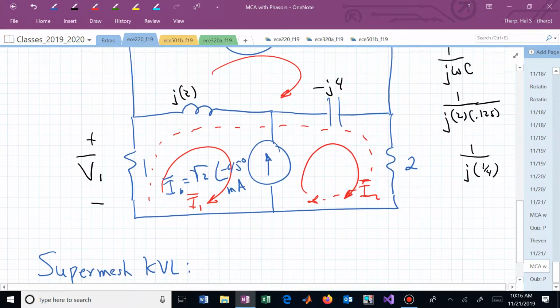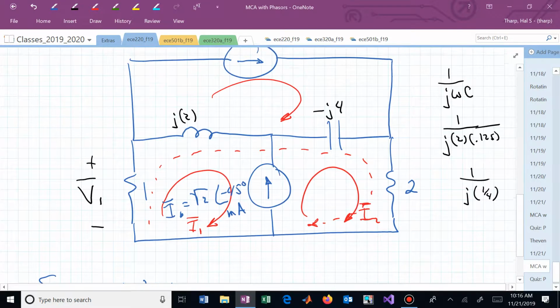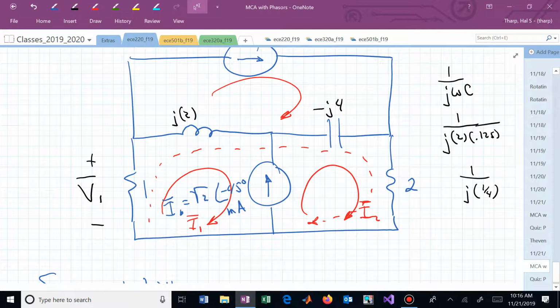Then we go over with our super mesh into the lower right hand mesh, and now we're worrying about the voltage dropped from left to right across that impedance, minus j4. We just keep that contained inside some parentheses.